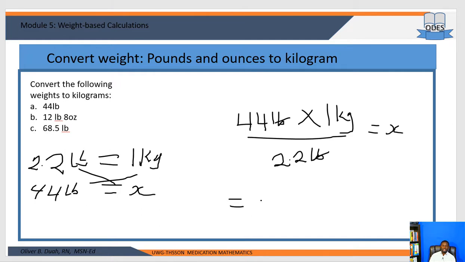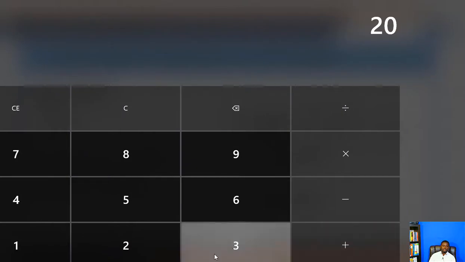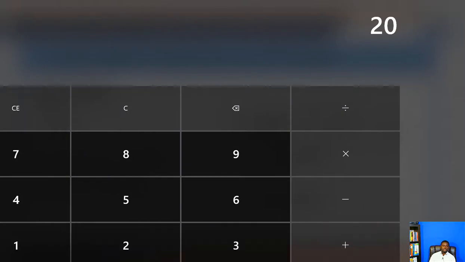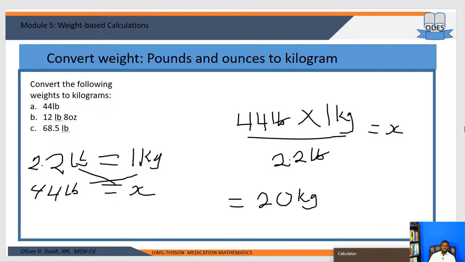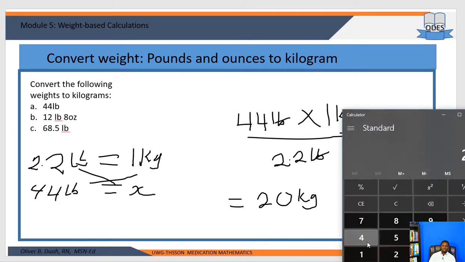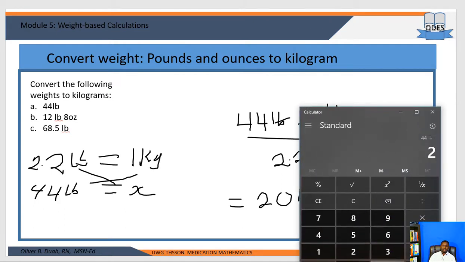And 44 divided by 2.2 is going to give us 20 kilograms if we do it on our calculator. So let's do that and then see. So we have 44 divided by 2.2. That is equal to 20.